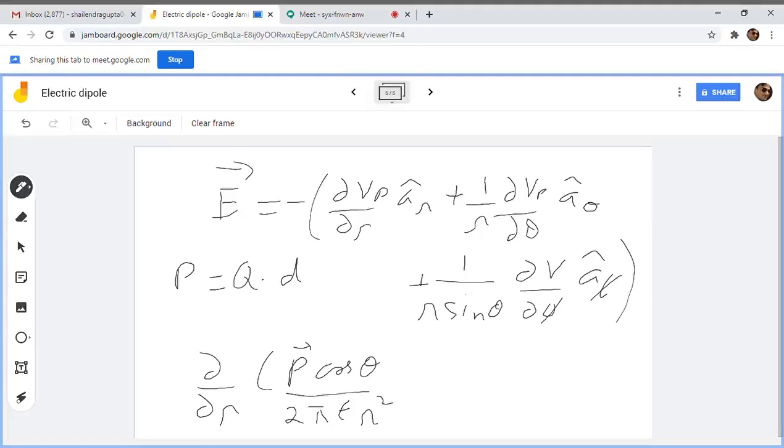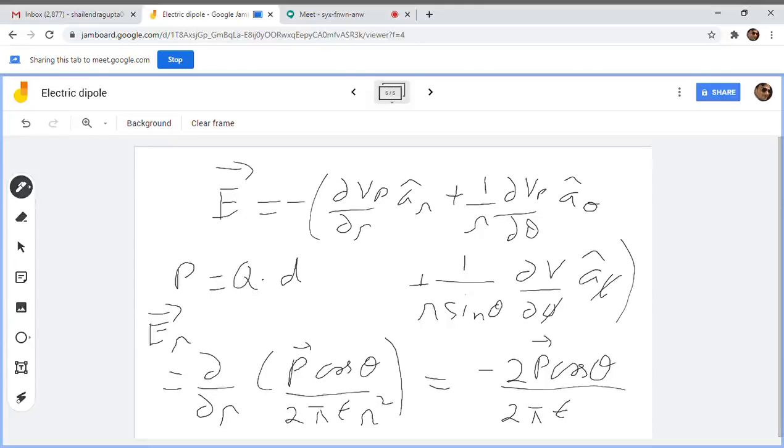Okay, we need to calculate this. So what will this become? This will become minus 2p, and mind you, this is the ER component of this field. E field का ER component, क्योंकि हम यही बस कैलकुलेट कर रहे हैं del Vp upon del R. So this will be minus 2p cos theta divided by 2 pi epsilon.